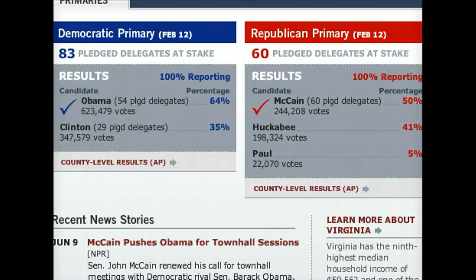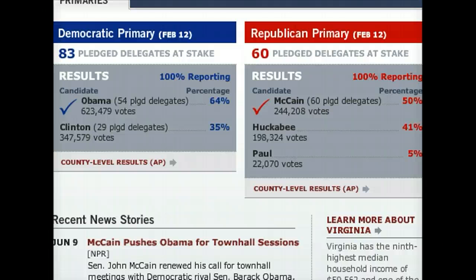McCain won 50%, or a plurality of the Virginia Republican primary votes. McCain then won all 60 of the pledged delegates that the Republican Party allocates or gives to the state of Virginia. Huckabee was pretty popular in this state. He won 41% of the vote. He gets nothing because the Republicans do it winner take all.